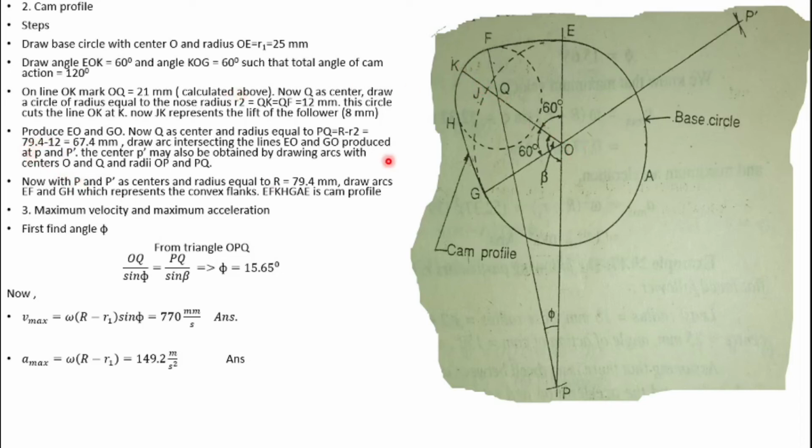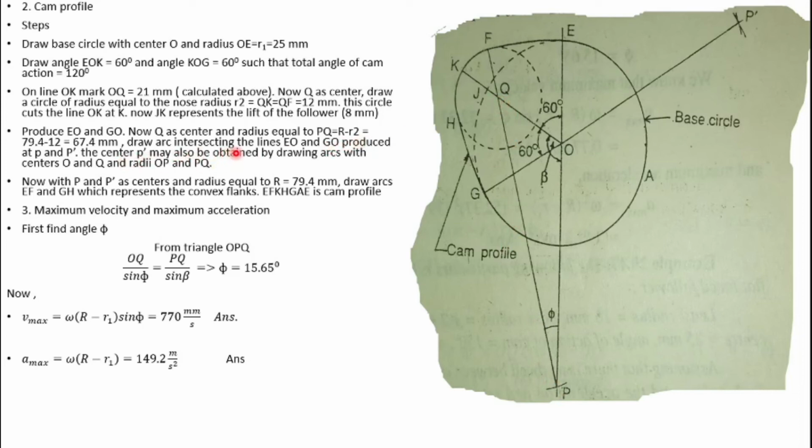So produce EO. Now produce EO and GO. Produce these two lines, and after producing these two lines, now Q as center, and radius equal to PQ, which is R minus R2, this much.